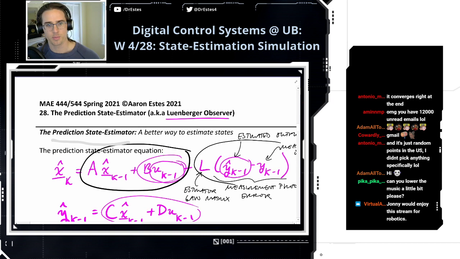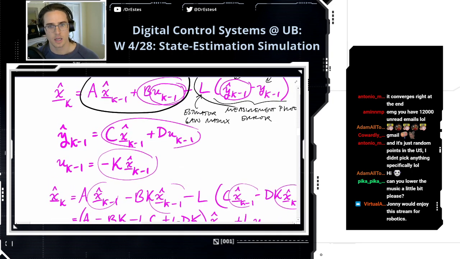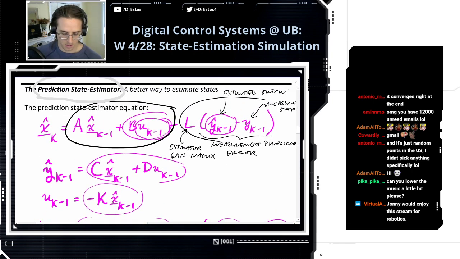So we have this prediction state estimator because our control input depends on estimating the states. And this is called the Luenberger Estimator. In this equation, x hat, this vector, is your state estimate at a given time. And it depends on the measurement prediction error.